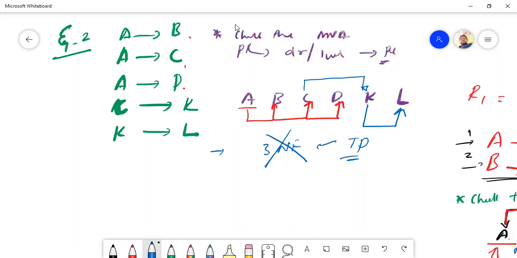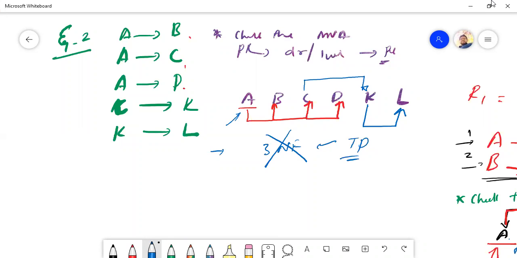At first look you can see this will not be third normal form, because you can find a transitive dependency. Now it can be second normal form, because there is only A as the primary key and no partial dependency.